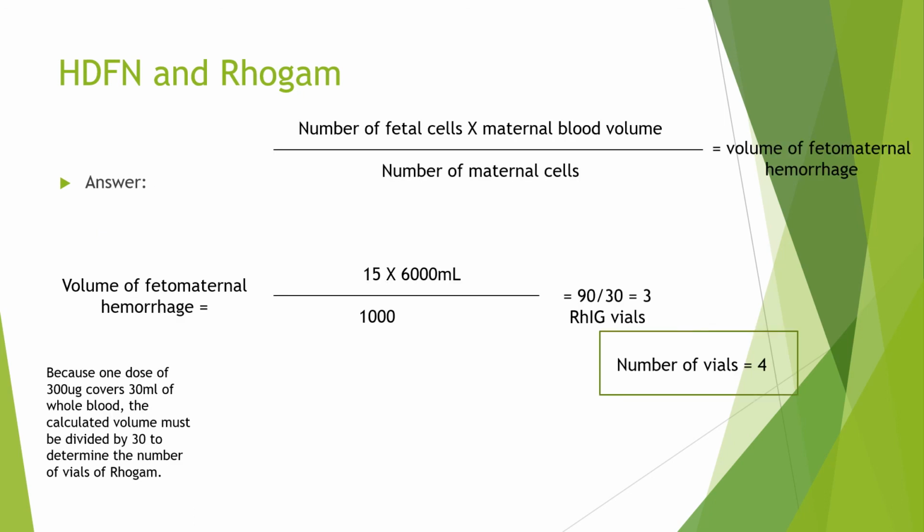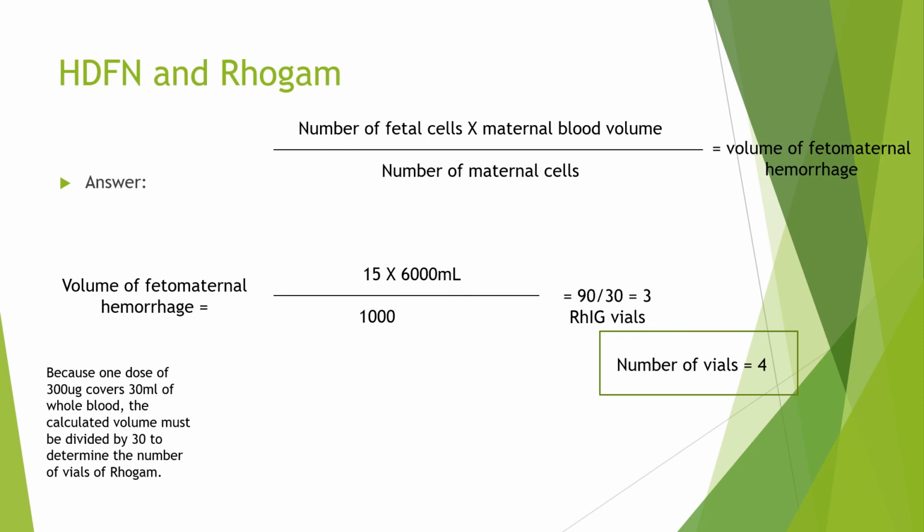So, given the formula, number of fetal cells, 15, times the maternal blood volume, which is 6,000 mL, divided by 1,000, that is the number of maternal cells. We got a result of 90, so remember to divide it by 30, because 30 is one dose of Rhogam.